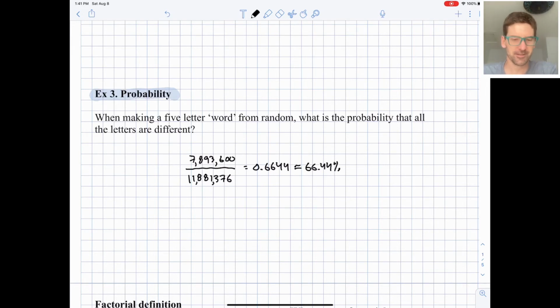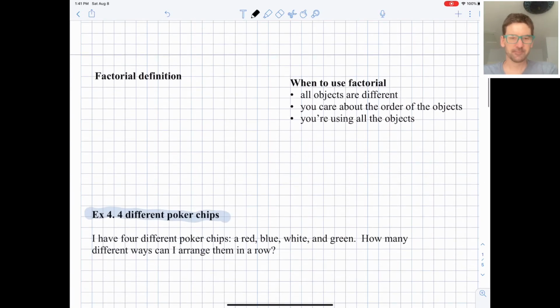So we have an almost exactly 2/3 chance of getting all different letters in any random assortment of 5 letters. So let's look at the definition of factorial to narrow things down a little bit more and get closer to what we're trying to get to today. So the factorial symbol uses this exclamation point. And exclamation point here doesn't mean excitement. It just means this particular mathematical definition.